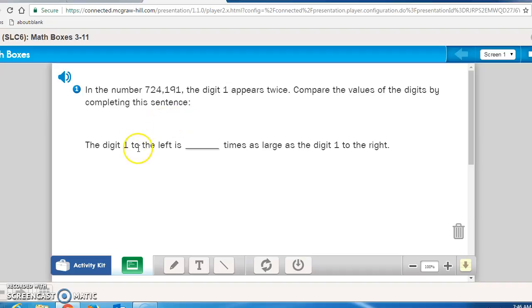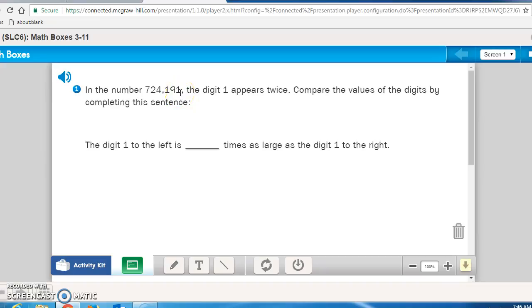So the instruction is asking you to look at the digit 1 to the left. How many times as large is the digit to the right? So the digit to the right is 1. The digit to its left is 100.